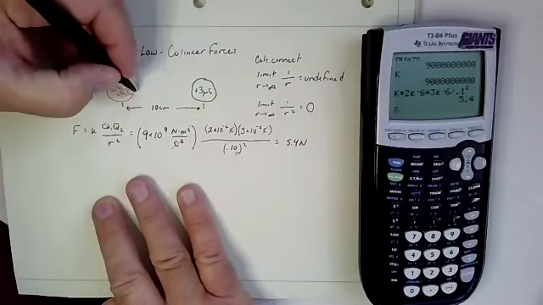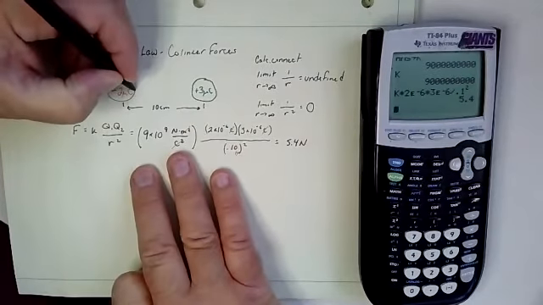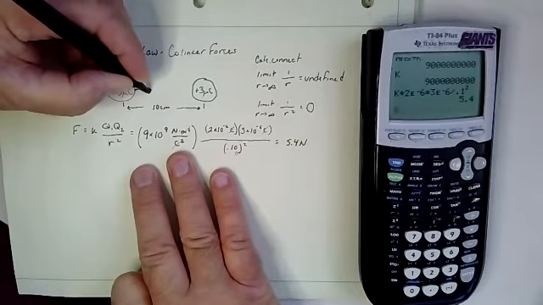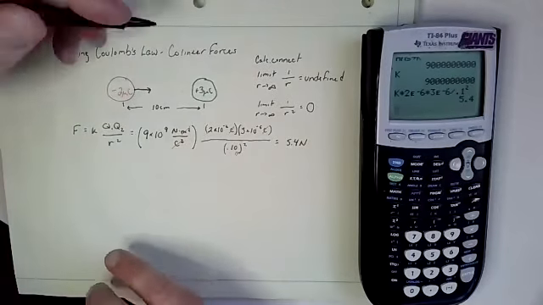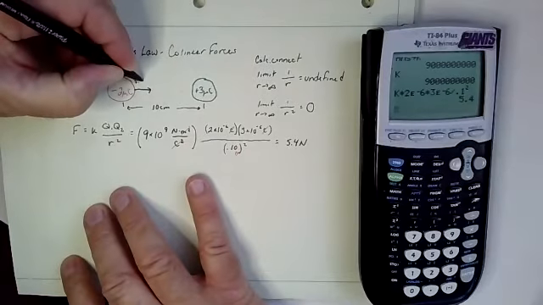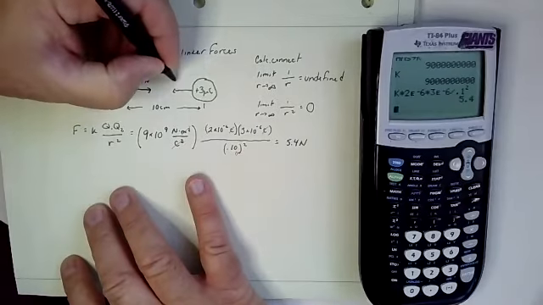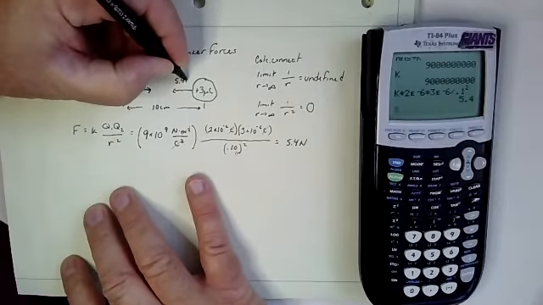It goes back to Newton's third law. Since they're opposite, we know they're going to attract. Frequently, we just apply the logic in our head that this is going to feel an attractive force of 5.4 newtons, and then this will feel an attractive force of 5.4 newtons in magnitude.